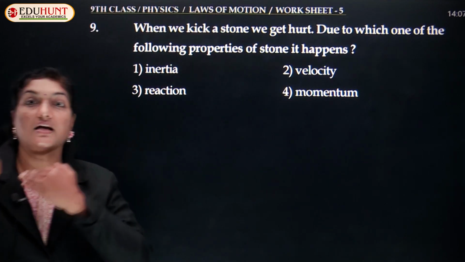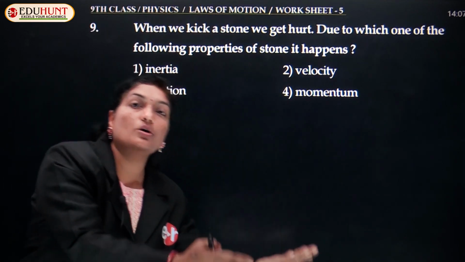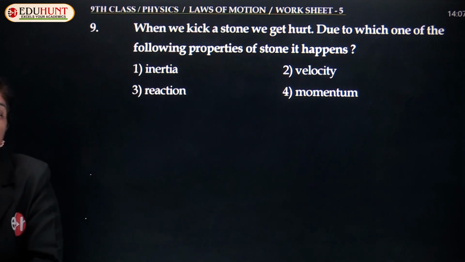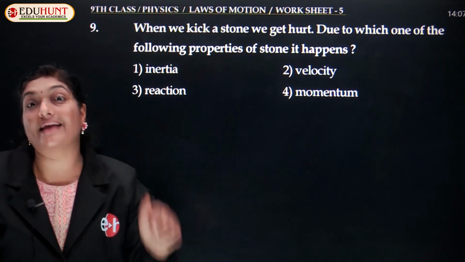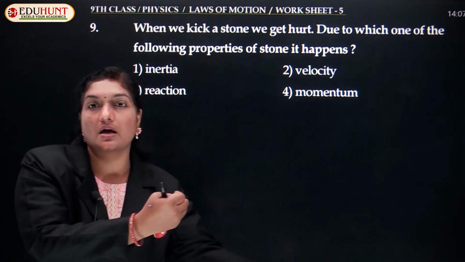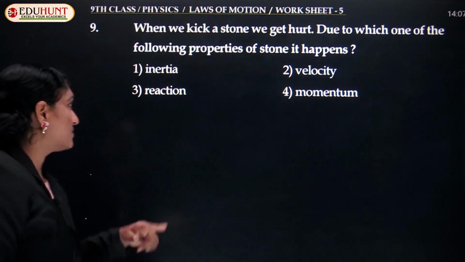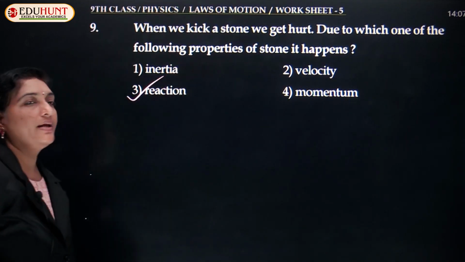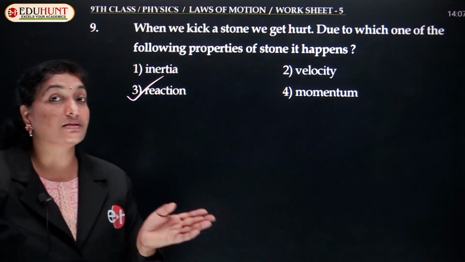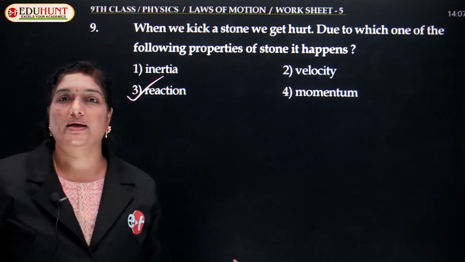We exert force on the stone, the stone also exerts force on us. Because of that, we get hurt. Ours is the action force, the stone's is the reaction force. So the correct option is reaction.